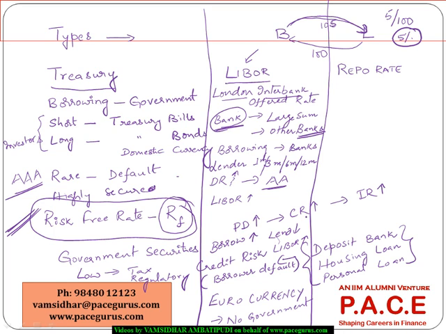If borrowing of a currency is more compared to the lending, then the Libor for that particular currency is going to increase, otherwise it's going to decrease. So that is one more important interest rate that we typically look at, the Libor.